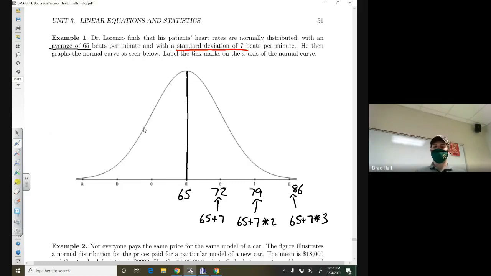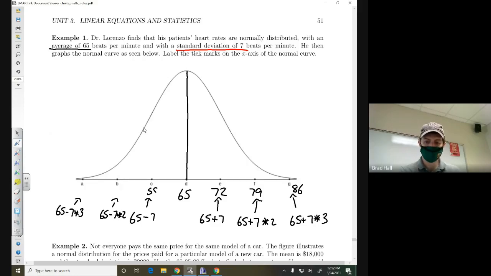And we can do the same thing in the converse direction. We subtract. So pretty much it's the same computations reflected, and we just subtract. 65 minus 7, 65 minus 7 times 2, and 65 minus 7 times 3. Because this is 1, 2, 3 standard deviations from the mean, respectively.